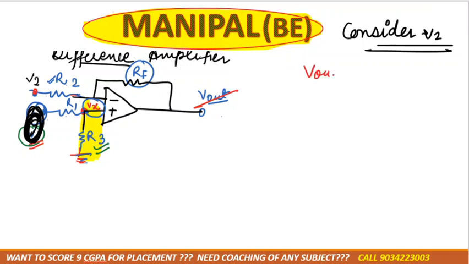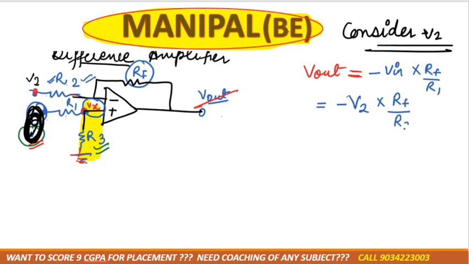So what is the output voltage for the inverting amplifier? Formula: output voltage is minus V2 Rf over R1. So the Vin voltage we have given, Rf is as it is, and with the Rf, the R2 is connected, correct?